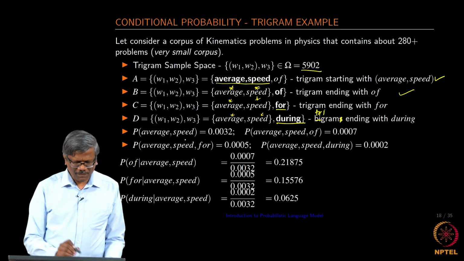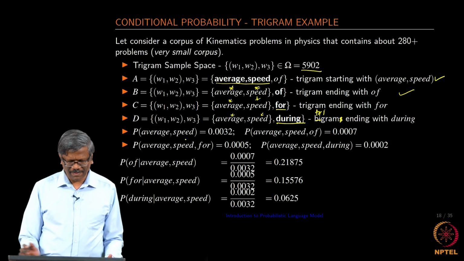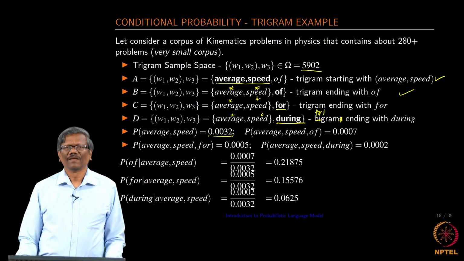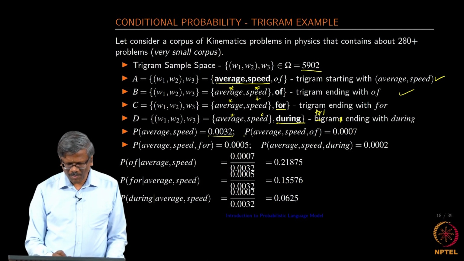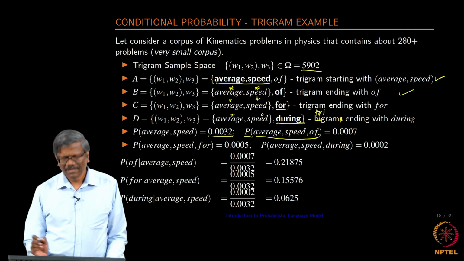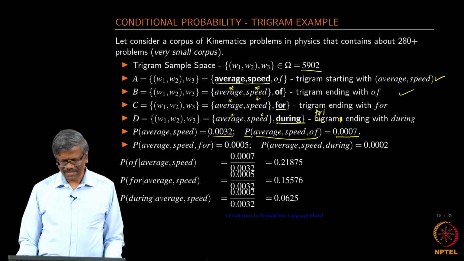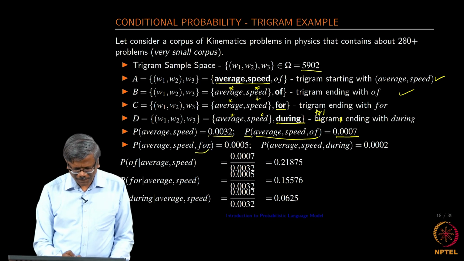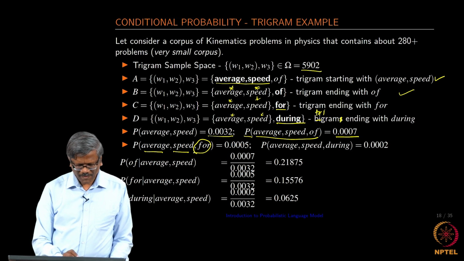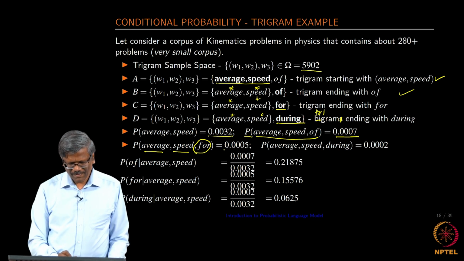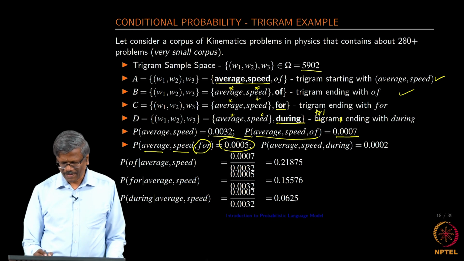So, we have also found that the average speed has occurred, and that is the probability, and then the probability of these 3 occurring together is 0.0007, and then all the 3 words along with for as the last one we have the probability, and then for the word during along with average and speed, this is the probability.